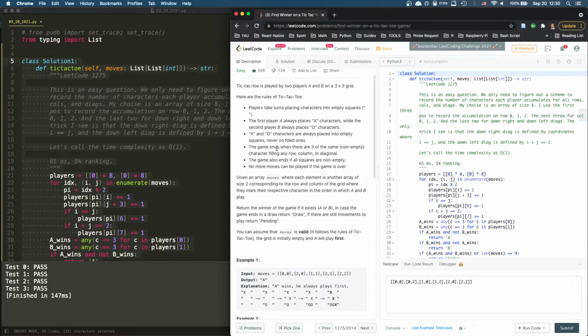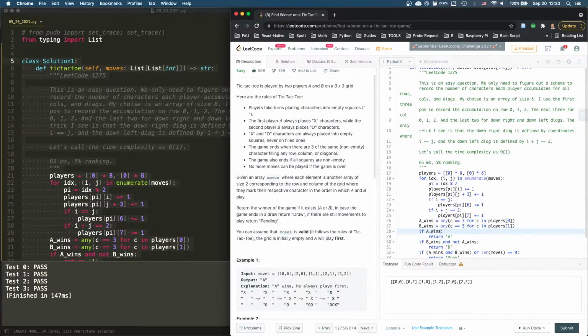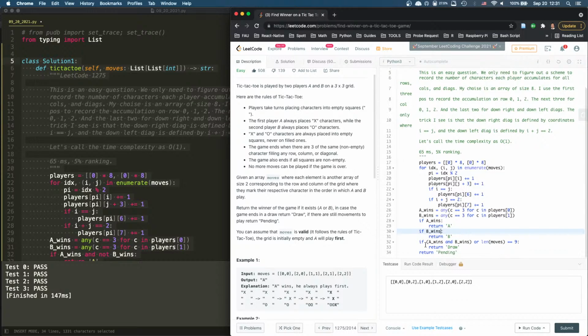So we stop moving if one of... so in this case, it's just if A wins and if B wins, right? And if this, which means we can put this one here, right? And then we can put this one here.